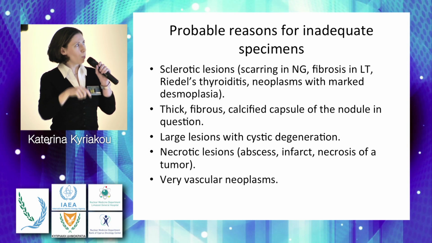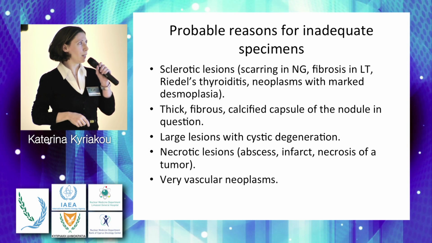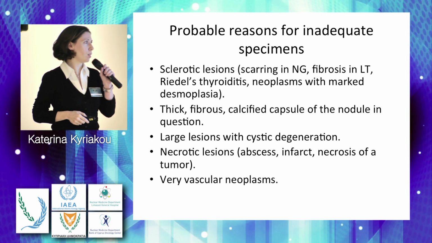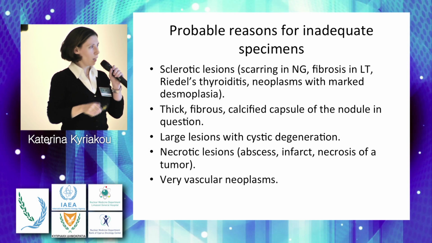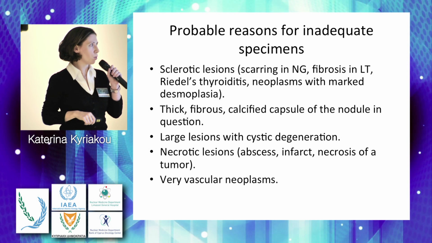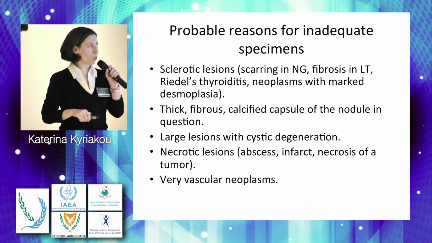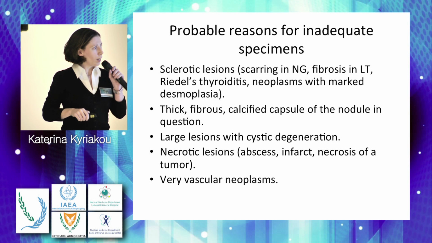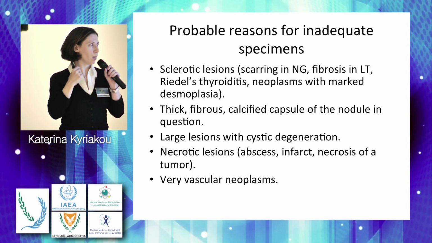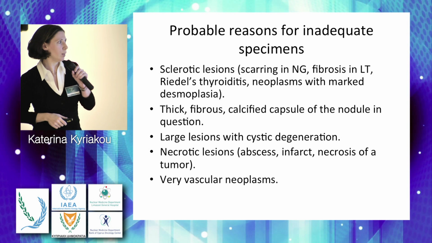Also when you have a thick fibrous calcified capsule and it is difficult to penetrate the nodule. When you have large lesions with cystic degeneration, the clinical correlation, as we said, is very important. And when we have necrotic lesions, for example, abscess, infarct, necrosis in a tumor, and very vascular neoplasms, where the specimen is diluted by blood.